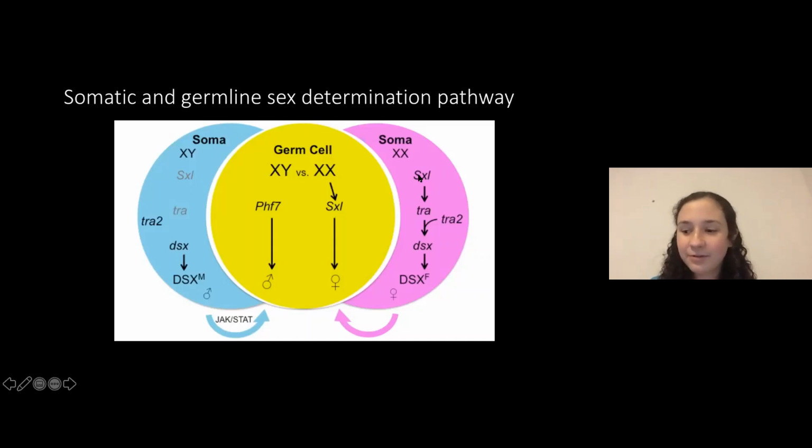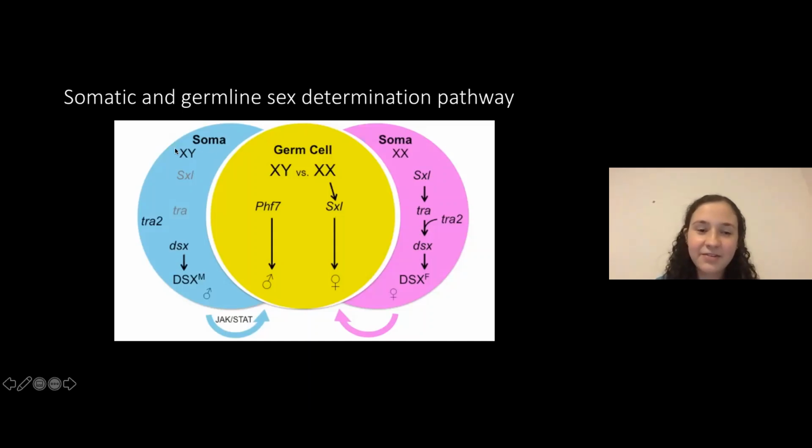And sex lethal regulates the alternative RNA splicing of transformer, which is this gene right here. And that removes a premature stop codon, and it regulates the alternative splicing of double sex RNA, which eventually leads to the specific female protein isoform of double sex.